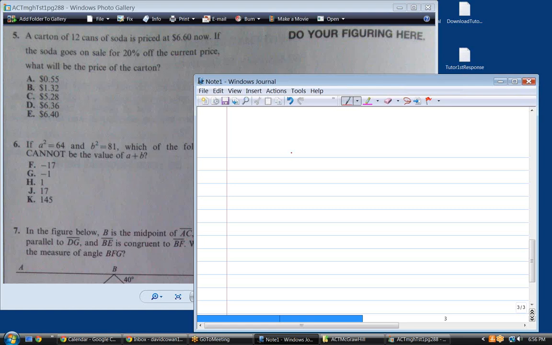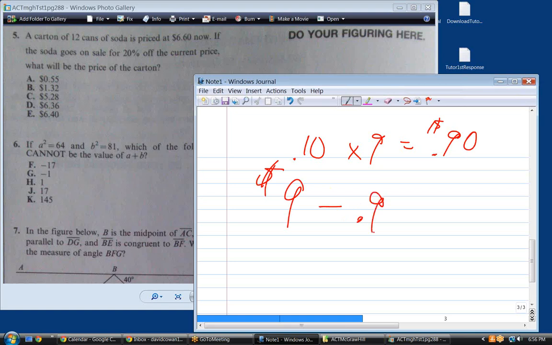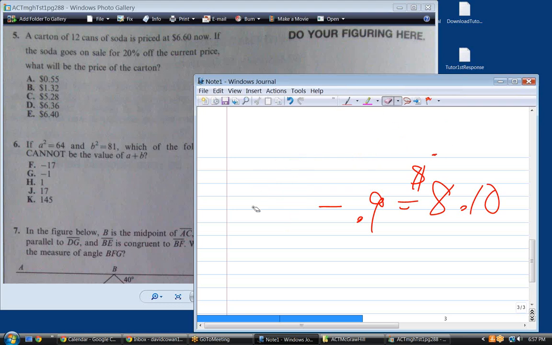Well, take 10% times $9. That's equal to 90 cents. And subtract it from $9. So $9 minus 90 cents is $8.10. So that's how you do discounts. And the other end of that would be taxes. So what am I going to do here if it's 20% off?